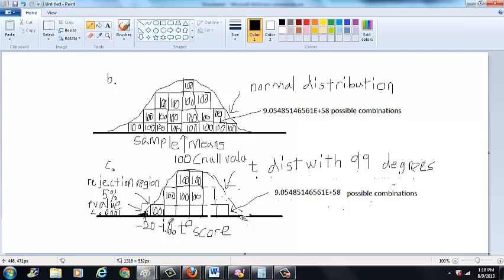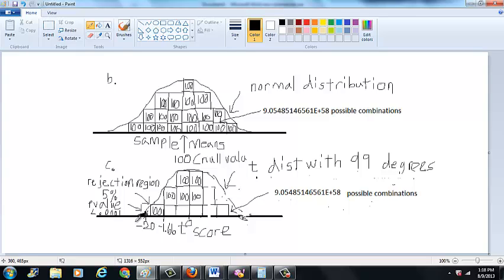When the critical value is -1.66, any number at this number or further to the left is in the rejection region. So -20 is in the rejection region. So we do reject the null hypothesis.